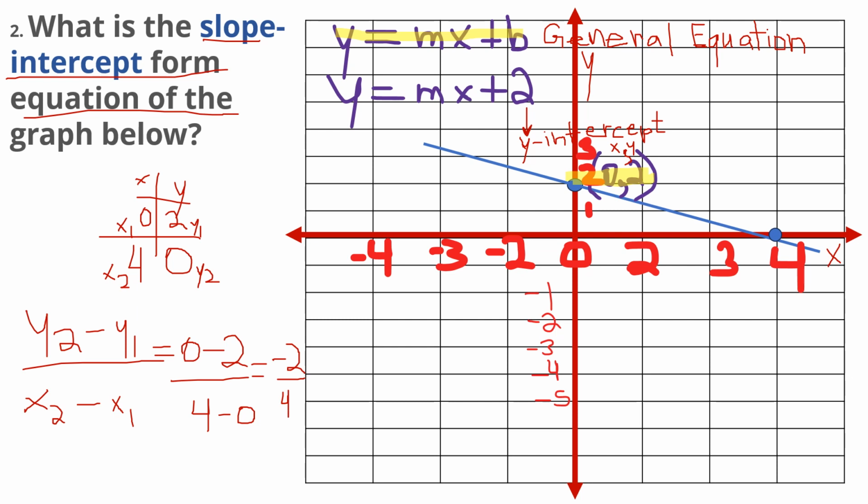When you reduce this, you get negative 1/2. So that's one way to do it. You take this and put y equals negative 1/2 x plus 2. Make sure that negative is there. That's your slope, and that's your equation.